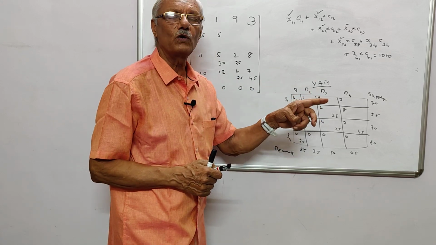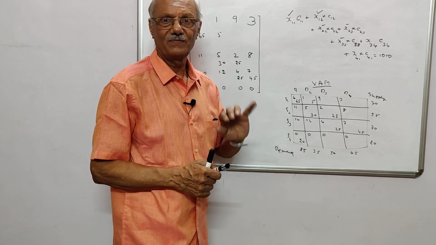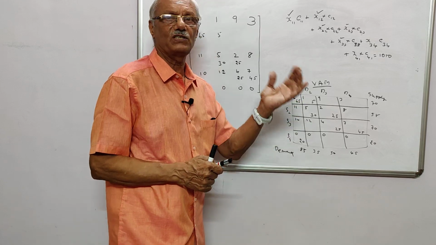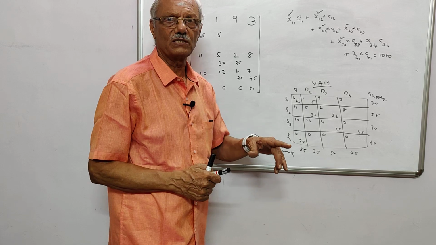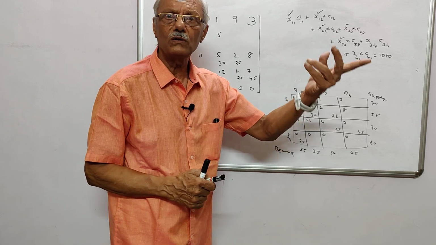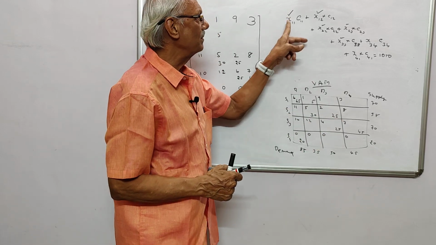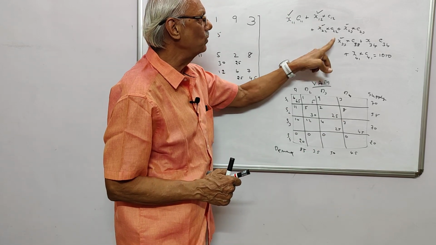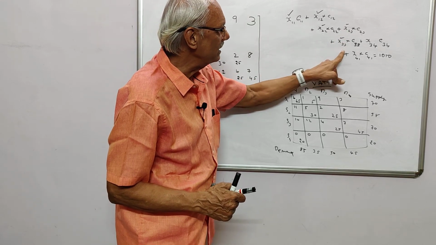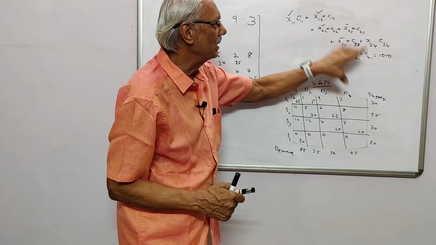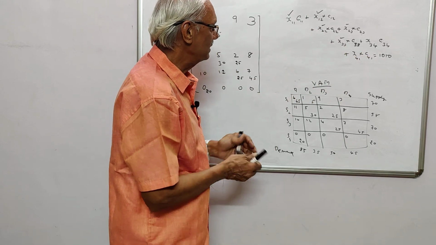I have used Vogel's approximation method because it gives a better allocation to reduce the cost, compared to the northwest corner method and least cost method. So I get x11, x12, x22, x23, x33, x34 and x41. If you multiply this, what is your x11? 65 into 6.